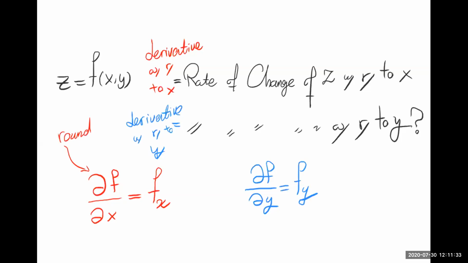It's kind of like df dx, but when we had just functions from R to R, we used to show df dx. That was another notation for the derivative of f with respect to x.